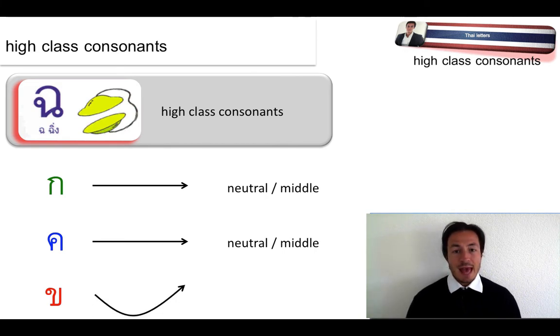So if you add to this consonant the long a vowel, as we did before with the examples above, you end up with the syllable ka in a rising tone. So this is the big difference in terms of pronunciation between this high class consonant group and the low and middle class consonant group.